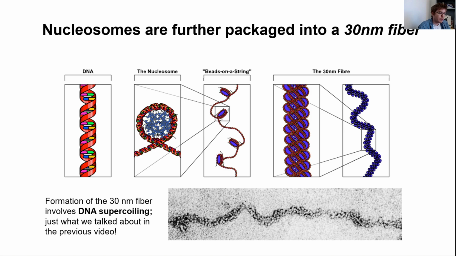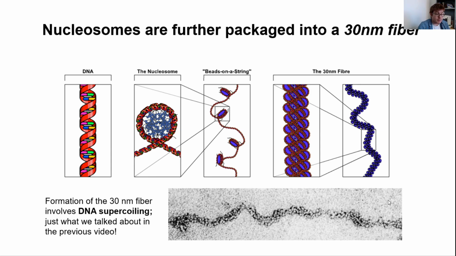But the other thing about these nucleosomes is that the combination of protein and DNA together enables for these beads on a string to be packaged further into structures that are called the 30 nanometer fiber. So if we were to take nucleosomes, we can actually sort of stack them nicely together in a larger sort of fibrous structure like you see here.